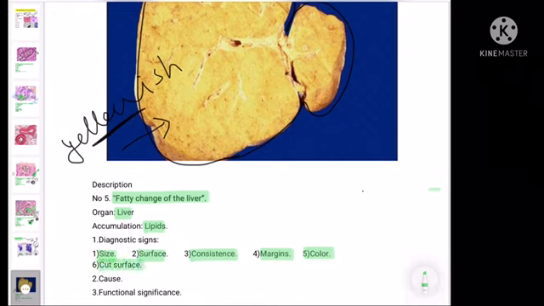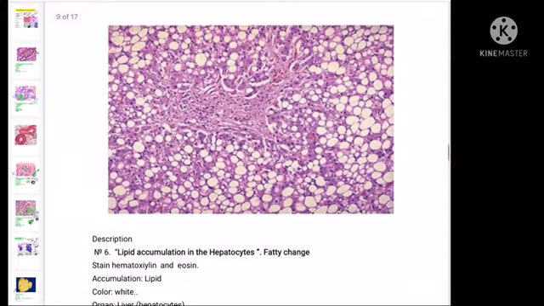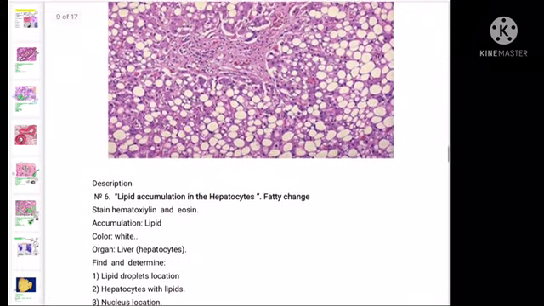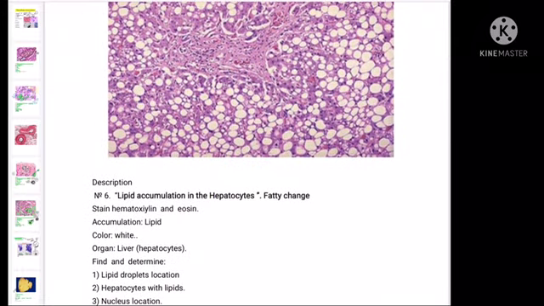And on the cut surface we can see yellowish deposition of lipids. The cause is alcoholism. This one is the histological image of the liver shown in the above image. So all these white droplets are the lipid accumulation.